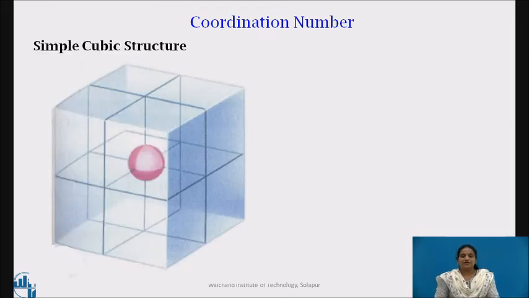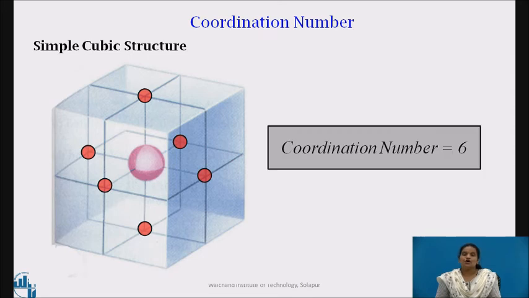Now let us see the coordination number for simple cubic structure. Around an atom in a simple cubic cell, there would be 6 equally spaced nearest neighbors, each at a distance of a from that atom. So 4 atoms lie in the plane of the atom, while one is above it and one is below it. Therefore, the coordination number is 6 for simple cubic structure.